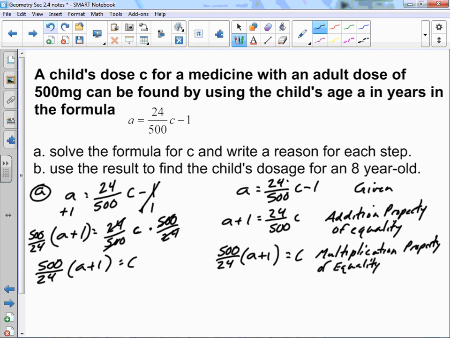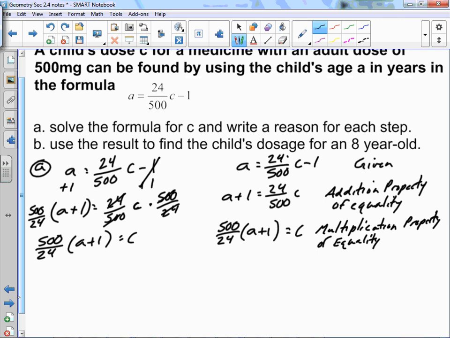You would also be justified if you called that the division property of equality, because we were multiplying by the reciprocal. And then if you wanted to, just to make it look a little bit prettier, we could say C is equal to 500 over 24 times A plus 1.